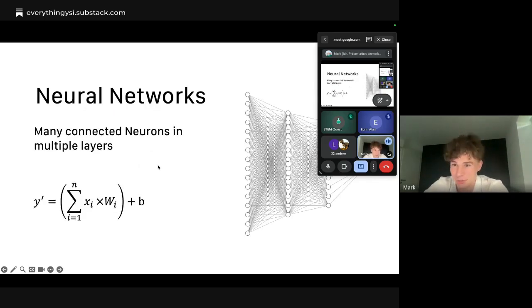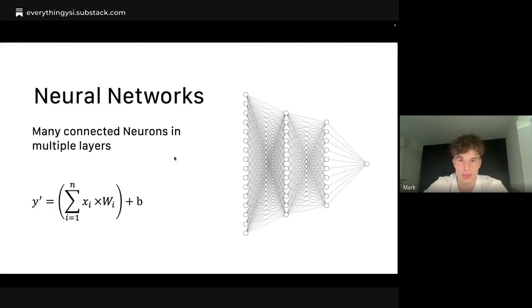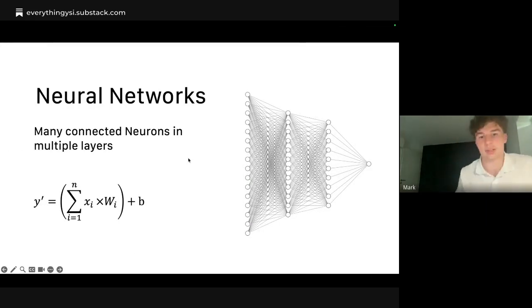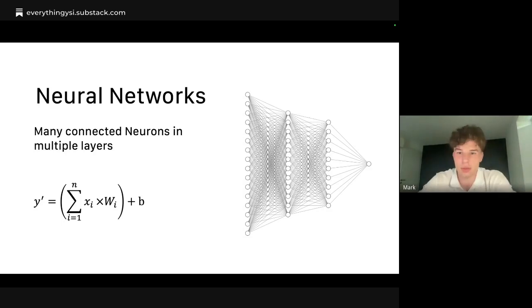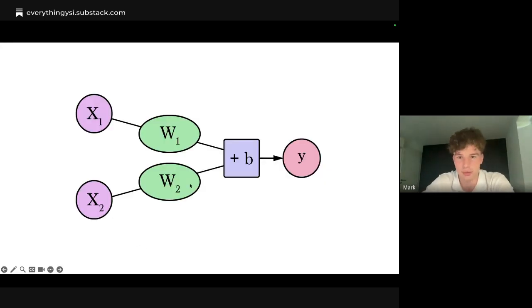If you arrange them in more complex combinations, you get this neural network. And this is how most modern machine learning problems and AI models are handled today. So in this case here, we have three parameters, two weights and one bias.